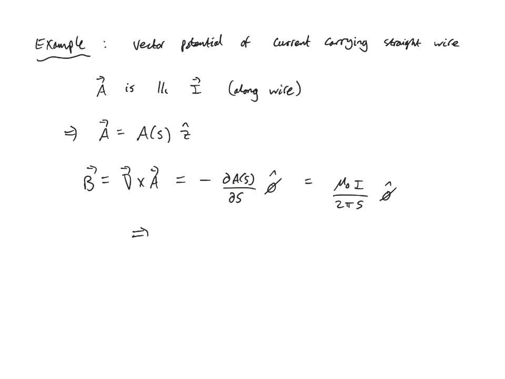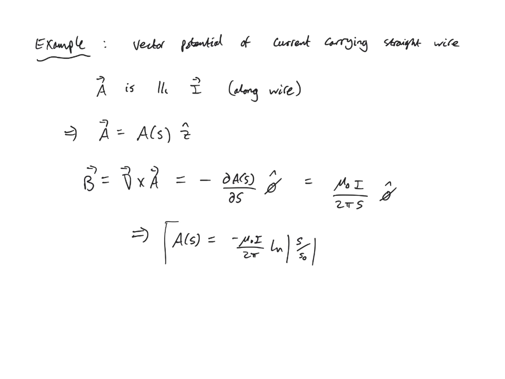And so we can just integrate it up to find the vector potential for a 1D current carrying wire. And it obviously just involves the log. And there's a constant of integration, which is basically a reference point for the potential, which is s naught.